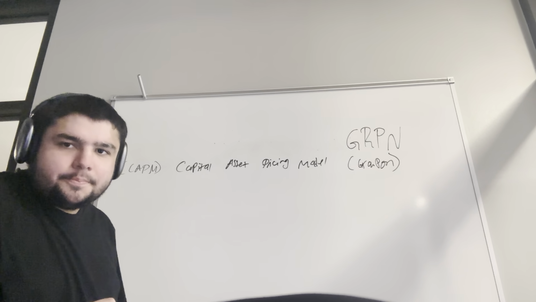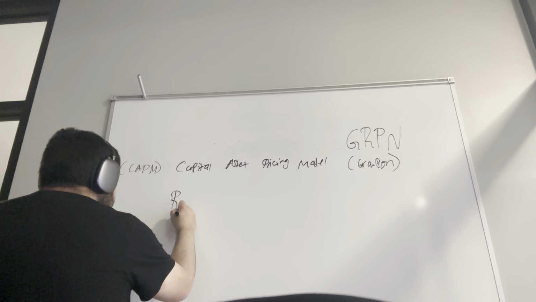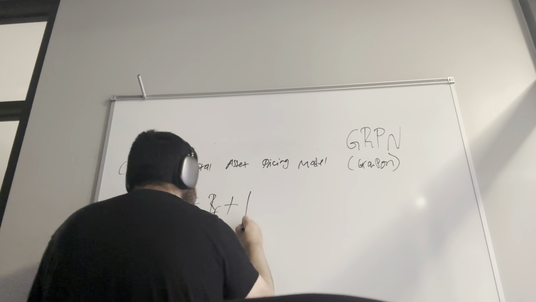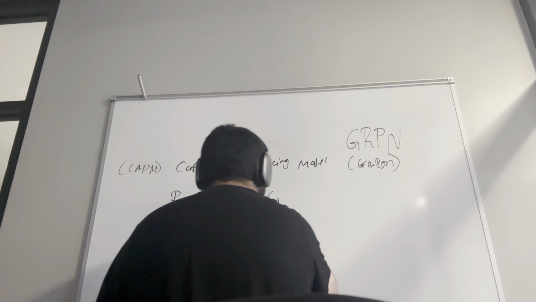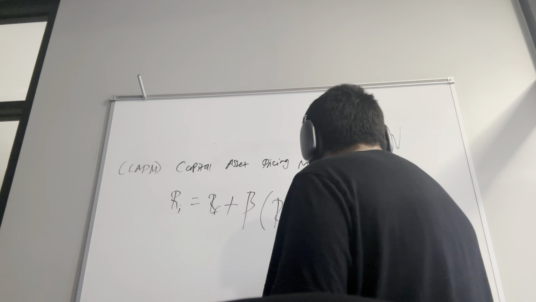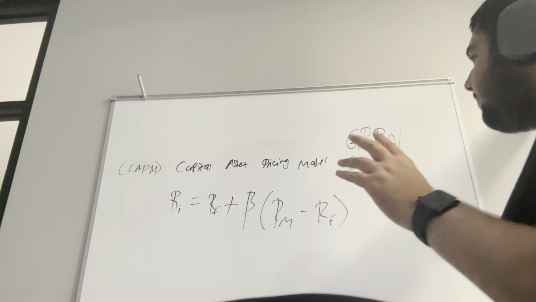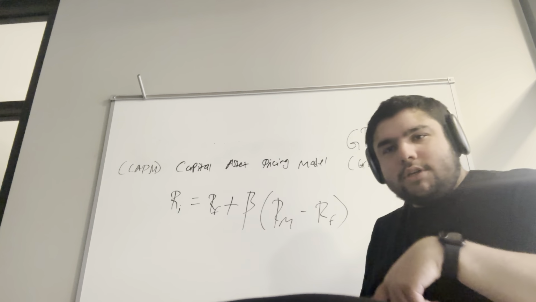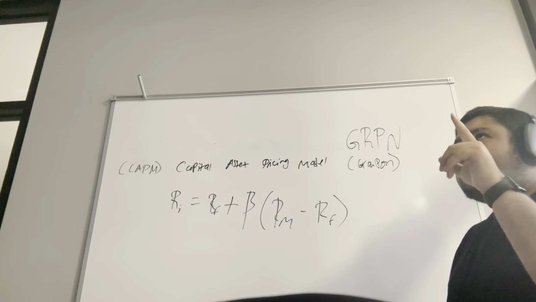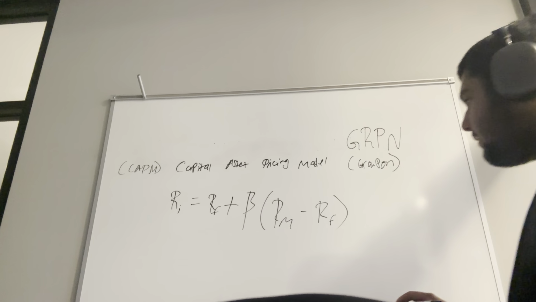So the formula for CAPM is the return of the investment is equal to the risk-free rate plus beta times the expected market return minus the risk-free rate. So first we're going to get CAPM, and then we're going to do the Sharpe ratio. And then we're also going to use the current ratio. I'll get to that in a second.